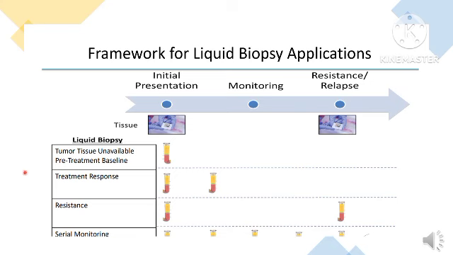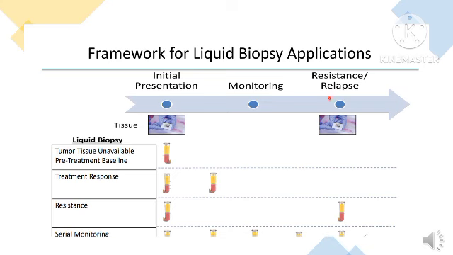Same thing is depicted in image format here. So at initial presentation we can go for tissue biopsy as well as we can go for liquid biopsy. But for monitoring we cannot take repeat biopsies from the patient. In that scenario we can take peripheral blood sample serially and we can monitor for the development of resistance or relapse in the patient.